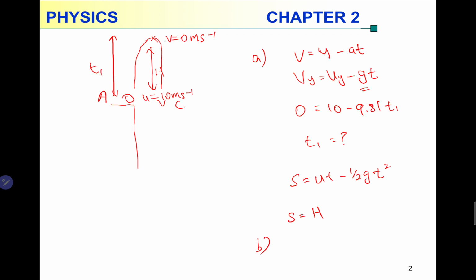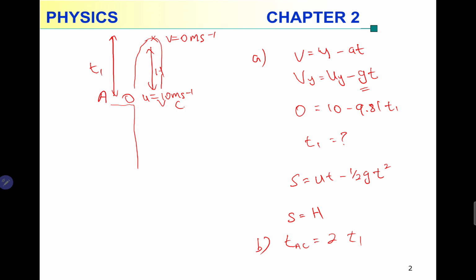The time taken to return will be the same amount of time, T1. So the time taken from A to C is 2 times T1. So this is one way of doing it.